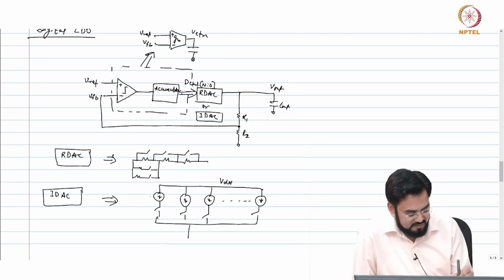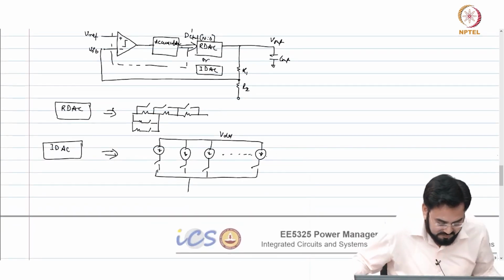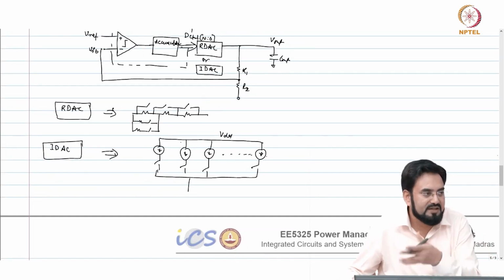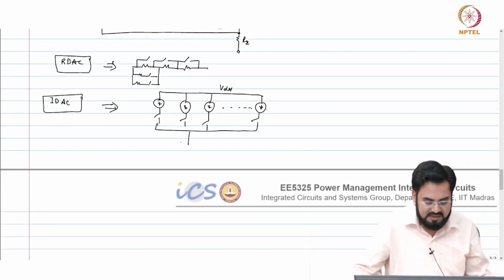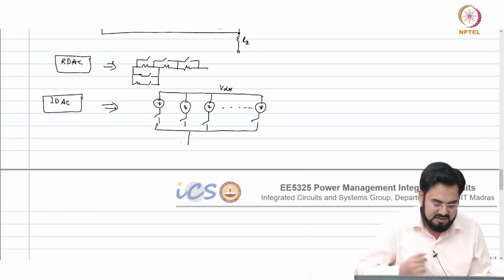So this could be your, you can have a binary weighted or linear, whatever. If binary weighted, then you have I, then the next will be 2I, 4I, 8I, the weights will be like that. If linear, then each element could be the LSB, 1I.